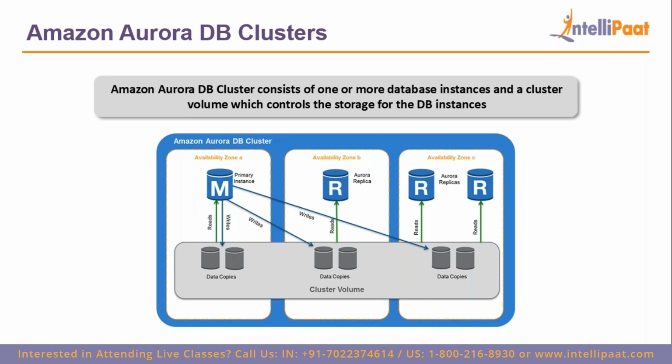So you want 15 Aurora replicas. You can create Aurora replicas in this availability zone, and also in this availability zone, and also here. You can create 15 Aurora replicas within these 3 availability zones. For example, you can create 3 here, 5 here, and the rest here.